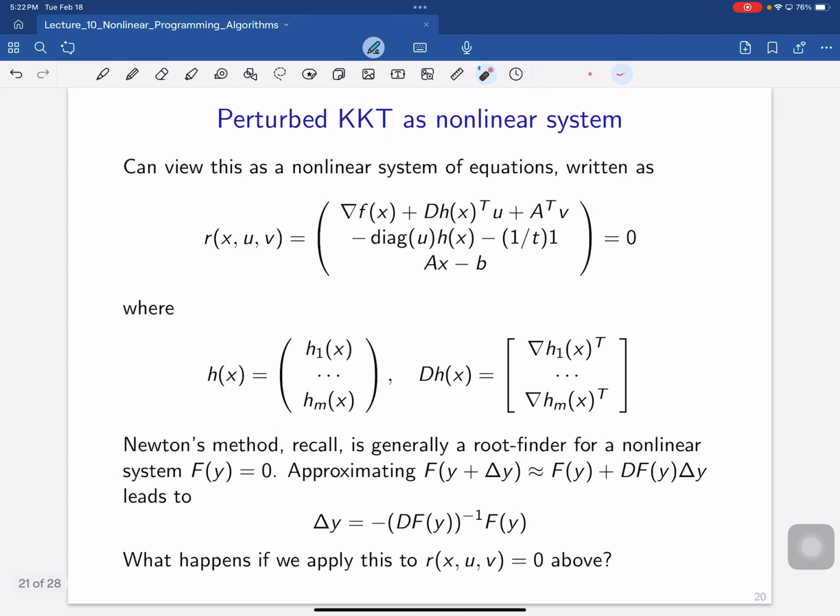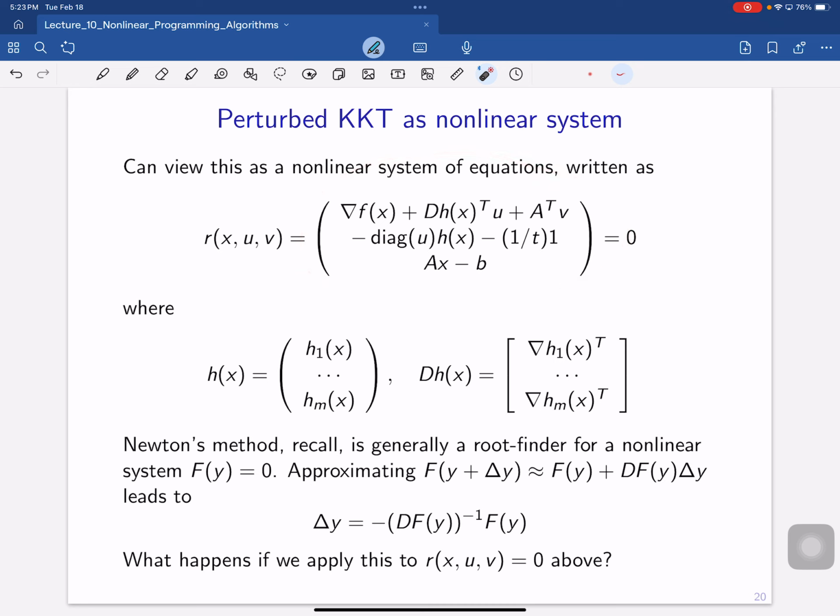And we can apply the same thing here, right? I'm writing down all the equations together using this function R, right? So R is essentially a nonlinear function of the primal and dual variables, right? Using the perturbed KKT conditions. You don't need to be too concerned about this very nasty formula, right?